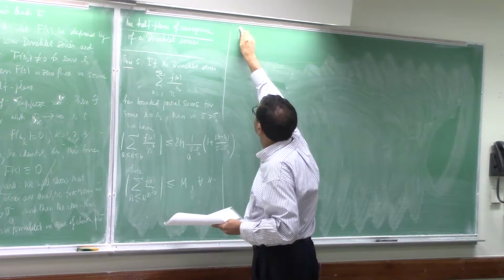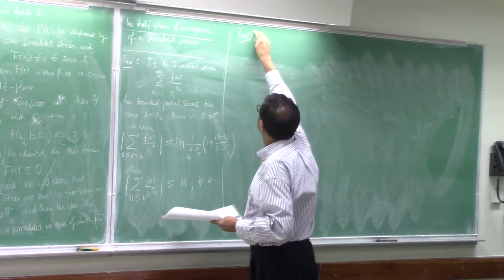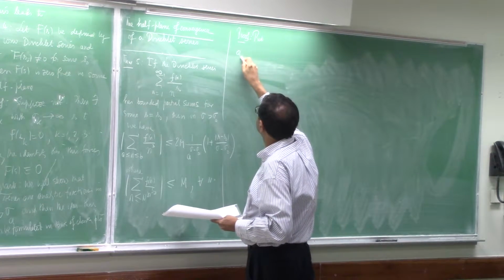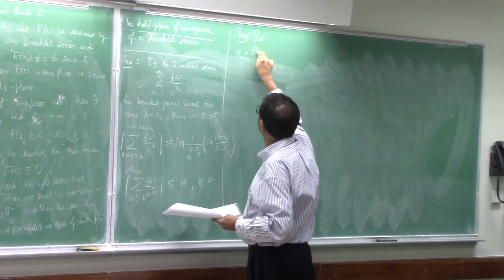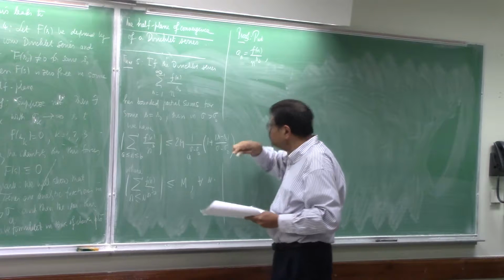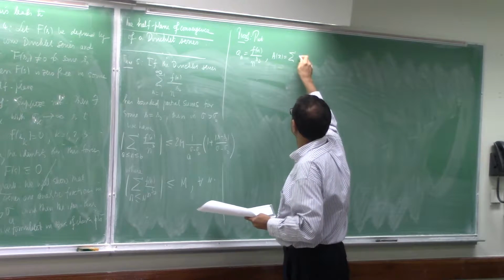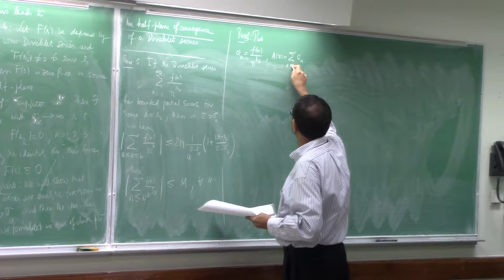Okay, so proof. So put a_n equal to f of n divided by n to the s naught, A of x equal to summation of a_n, n less than or equal to x.